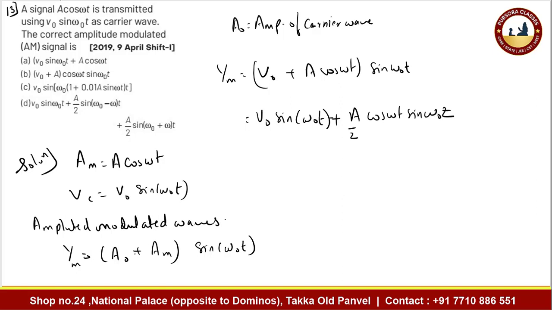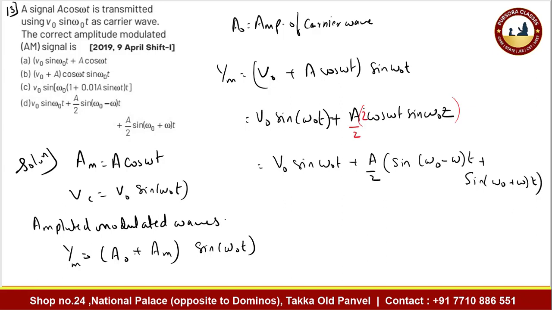If you divide by 2 and multiply by 2 over here, this term will become 2 sine A cos B. This will become V naught sine omega naught t plus A by 2, and 2 sine A cos B is sine A plus B plus sine A minus B. So sine of omega naught minus omega, t, plus sine of omega naught plus omega, into t.